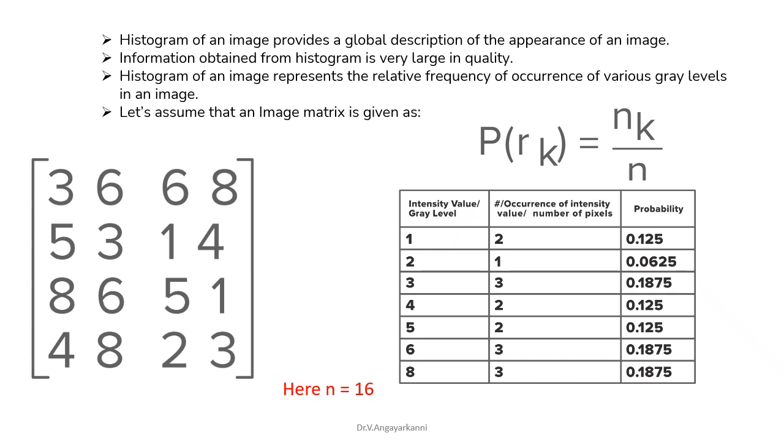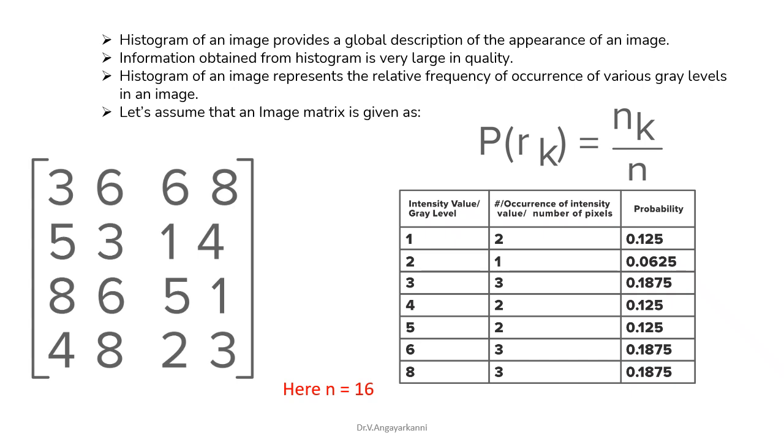Let us assume this image segment. Here in this table we have represented all the intensity gray level values, the occurrence of each intensity value, that is the number of pixels, and its corresponding probability. So probability of r_k is equal to n_k by n. It means probability is equal to the number of pixels divided by the total number of pixels.